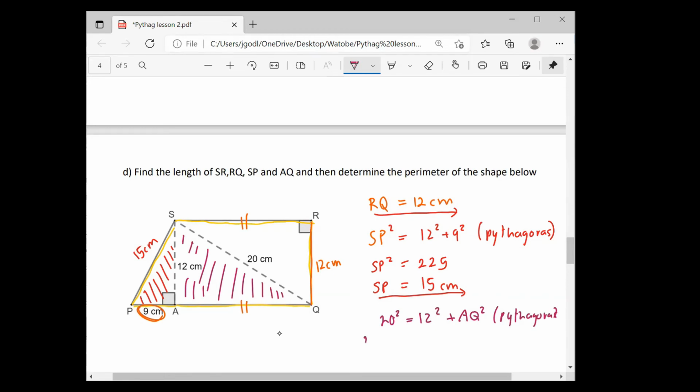And so now I'm going to say 20 squared minus 12 squared. Hold on, let me move back here. Do you see the triangle that we're working in, the red triangle?